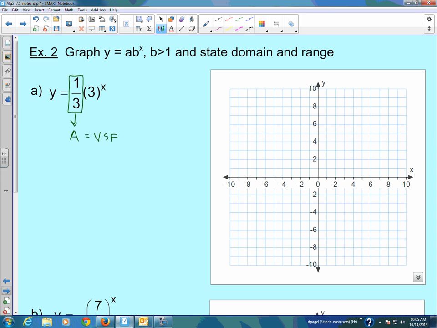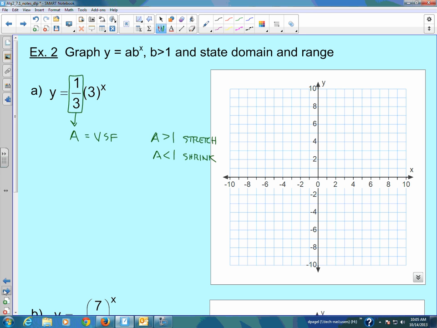And then we remember if A was greater than 1, we were vertically stretching, and if our A was less than 1, we were shrinking. And in this case, we're less than 1, so we're going to be shrinking this graph.